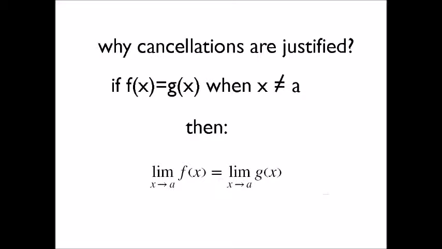But you're allowed to do this for limits when x approaches something that will give you a value which is not defined. Why are cancellations justified? If you have two functions which are almost identical except for the value at x equal to a, then you can say that those two limits are equal to each other when x is approaching a.